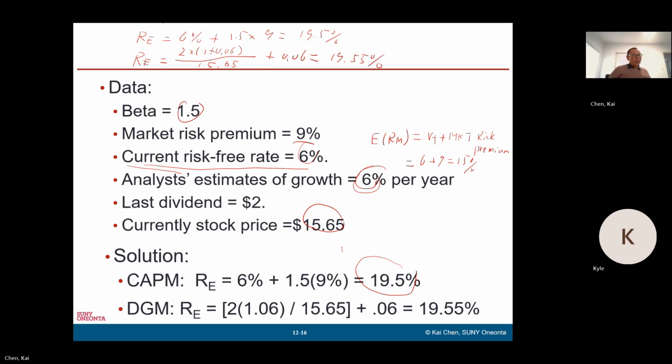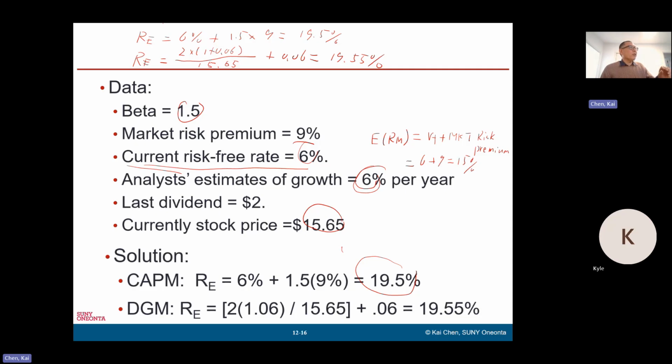Then we can get 19.55%. In the real world, if we want to estimate the cost of capital, we usually use several different methods. Here, we have learned CAPM and the dividend growth model, and in the real world there are some other methods. We use a couple of different methods.